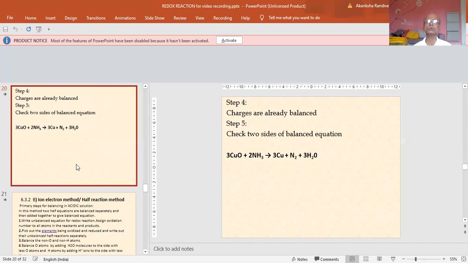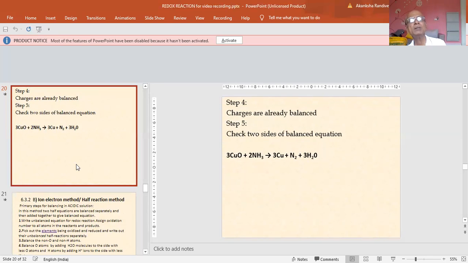Similarly, there are 2 nitrogen. Twice of NH3 means there are 2 nitrogen atoms. So to the right hand side there is N2. And hydrogen, to the reactant side there are 6 hydrogen. To the product side again thrice of H2O means there are 6 hydrogen. And in this way the equation is balanced.